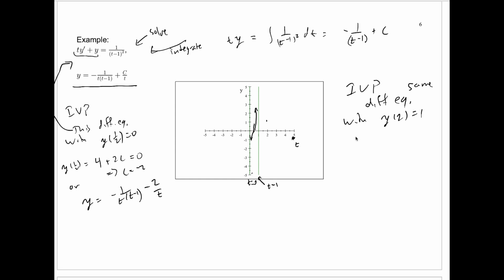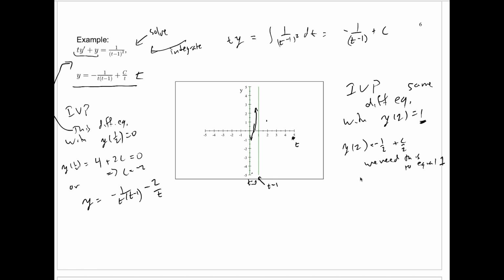We can solve for c just by finding y of 2 using our general solution here. Y of 2 is going to be minus 1 over 2 times 2 minus 1. That's going to be negative a half plus c over 2, and we need this to equal 1, which is specified here.